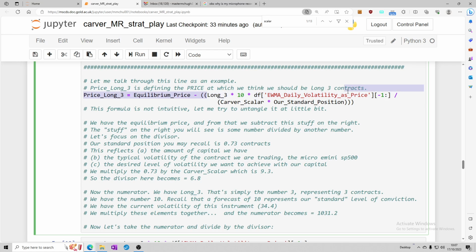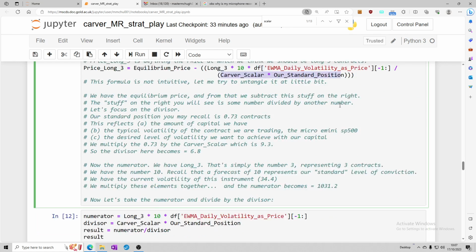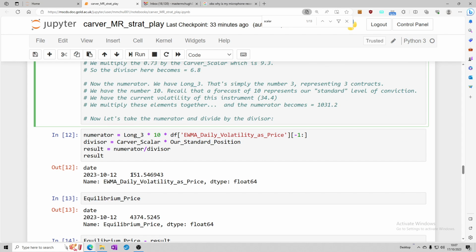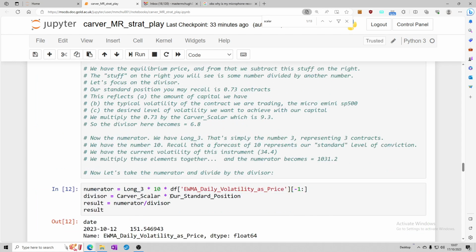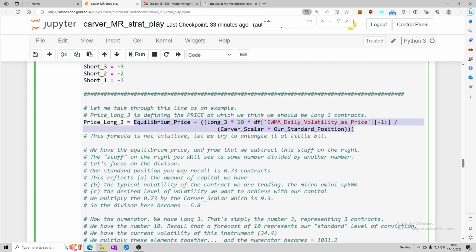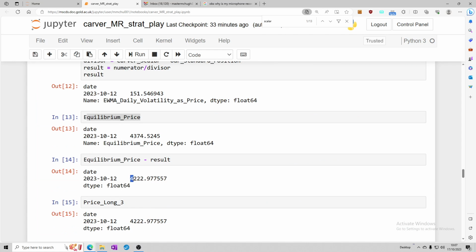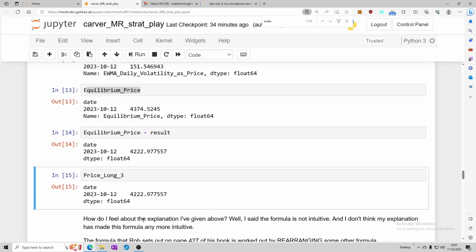Now, if you take the 1031 divided by 6.8, you get 151. So let's subtract 151 from the equilibrium price, which is what the formula is telling us to do. It gives us a price of 4222. And that's considerably lower than what the current price is, and indeed what the equilibrium price is. It's saying if the price is 4222, you should be long 3 contracts today.